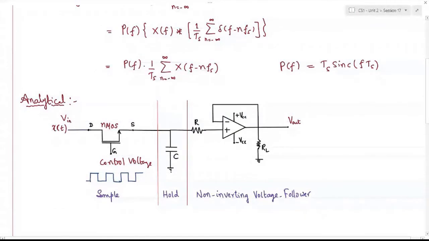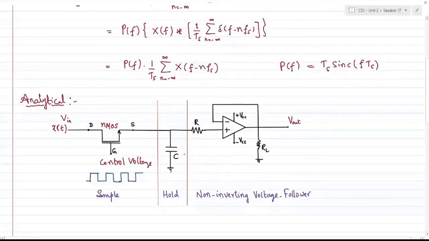It acts as a switch, and the capacitor acts as the storage of the signal which is passed from drain to source. If you want to brief out the working principle of this basic circuit, whenever the MOSFET is conducting, which acts as a closed switch, this will lead to the charging of the capacitor with the input applied voltage. Whatever the input applied voltage, the capacitor tries to charge to that amplitude.